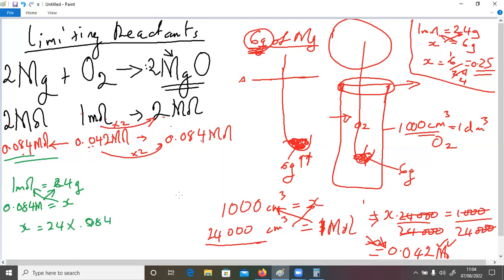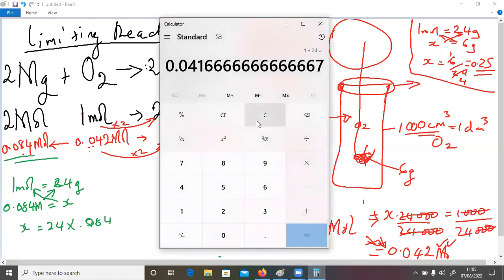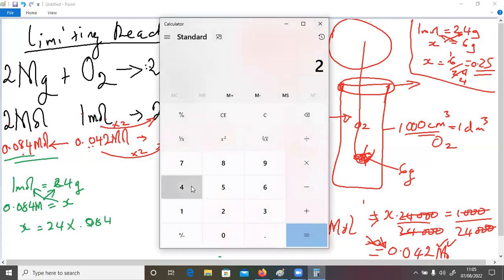Picking up our calculator, 24 multiplied by 0.084 equals 2.01. That's correct.